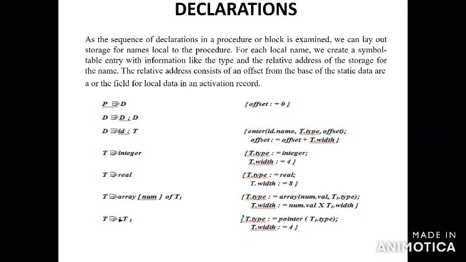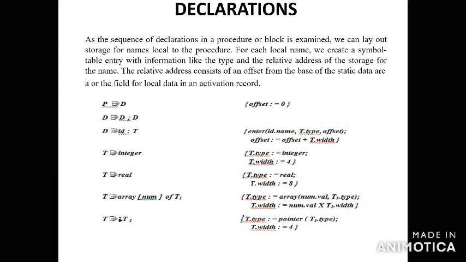Next, in the syntax analyzer, all the data represented in the form of parse construction is stored in the symbol table. So each and every phase of analysis stores its data in the symbol table representation only. In that, for each local name, we create a symbol table entry with the information, that is the type.